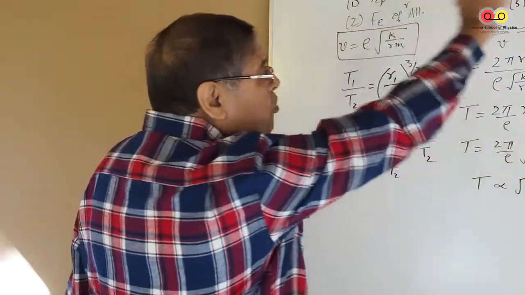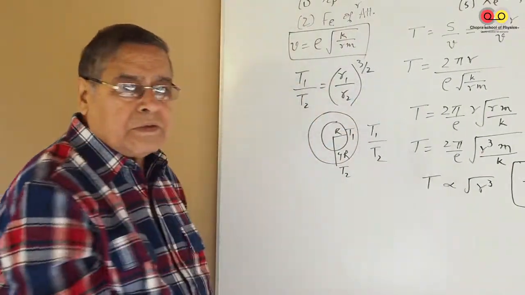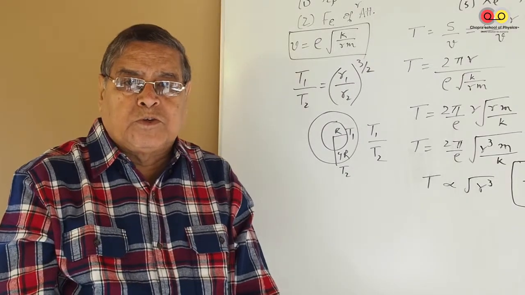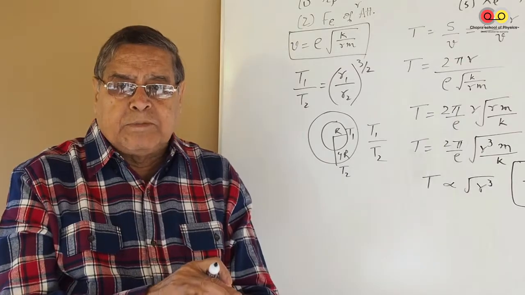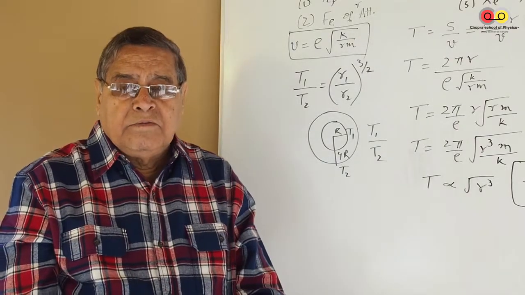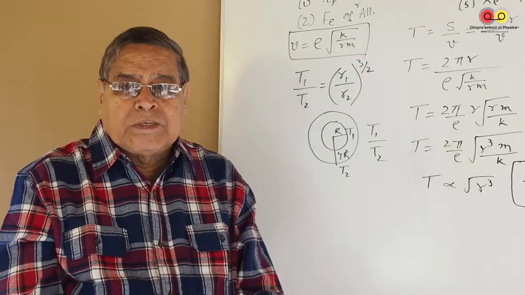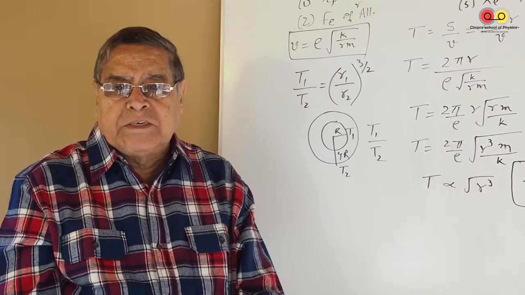So we do not have to solve the whole thing. We have to apply this relation. In the examination we have to cut short the time also. That's more important, because within a stipulated time we have to solve our questions. If there are 60 questions or 50 questions, we are given just 50 to 60 minutes.